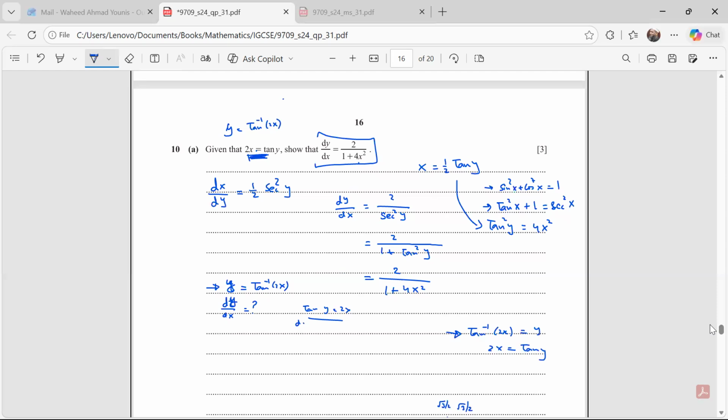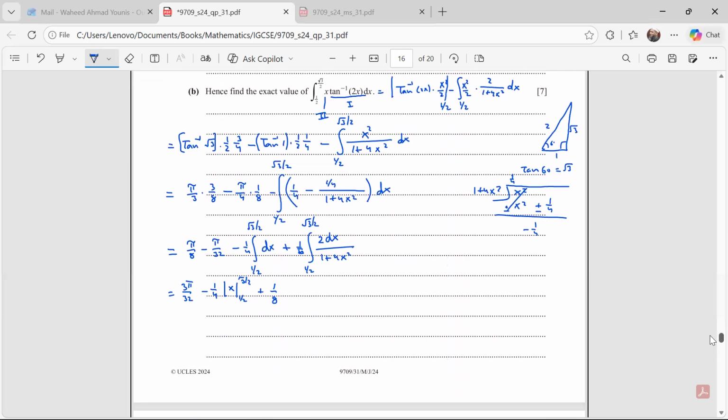So if y is equal to this thing, then dy by dx is this one. So now I have dy by dx. If I take the integral, it will become tangent inverse 2x. So 1 by 8, and then its integral will be tangent inverse 2x, and again I put the limits as 1 by 2 and under root 3 by 2.